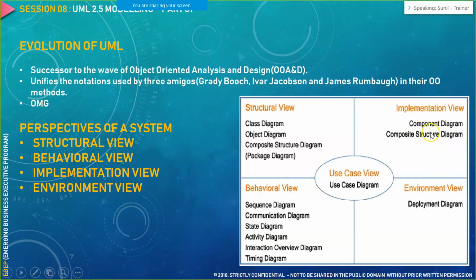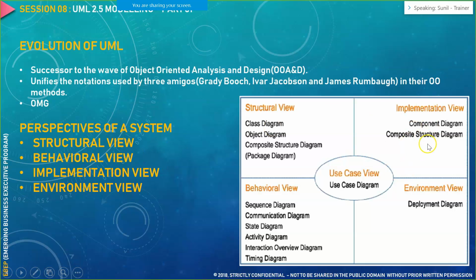Then comes our implementation view. Implementation view is like we are having different components in a particular system. Components as in, if I consider an insurance domain project, I would have a policy issuance module, I would have a billing module, I would have a claims module, and I would have a reporting module. So these modules are nothing but our components: policy, billing, claims, and reporting. So how you would be developing an implementation view of that particular system with the help of your UML diagram.